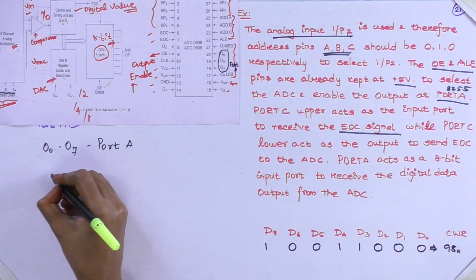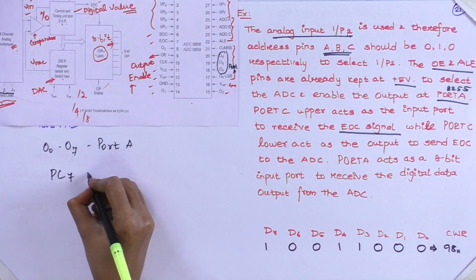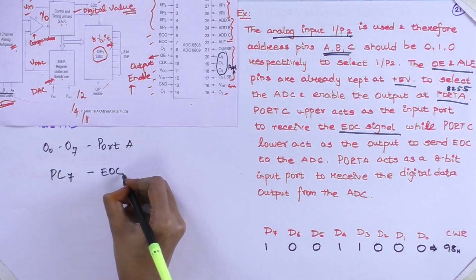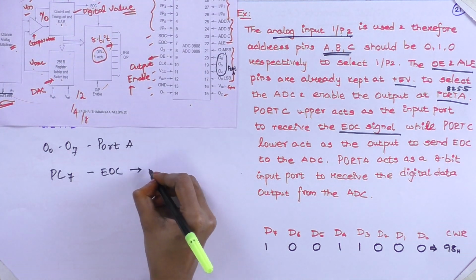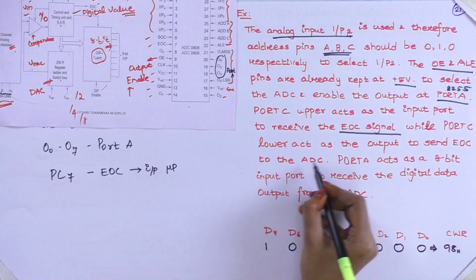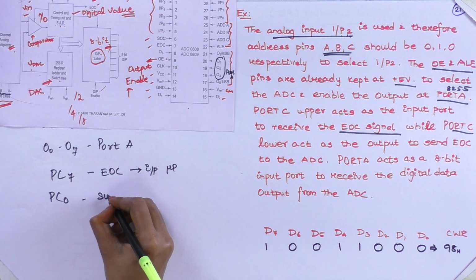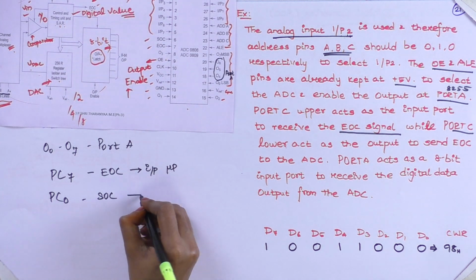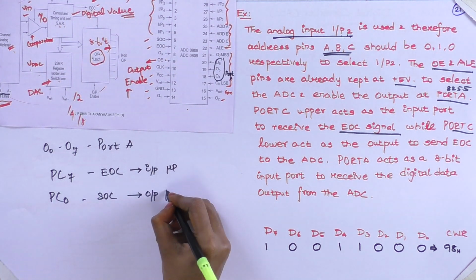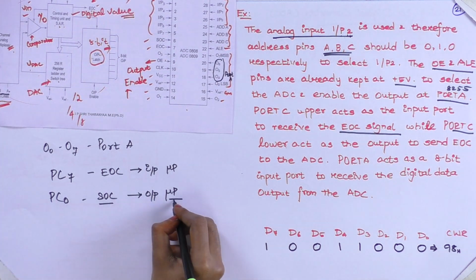So port C upper, which is PC7, is given the end of conversion. So this is an input for the processor. And then port C lower, which is PC0, is given the start of conversion, which is an output for the processor, because start conversion is issued by the processor.